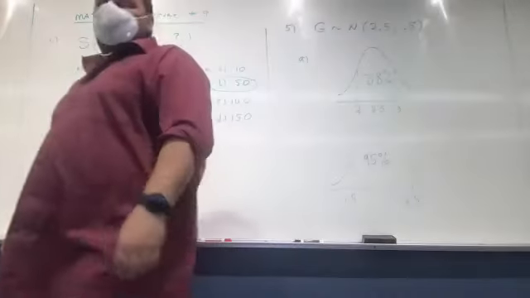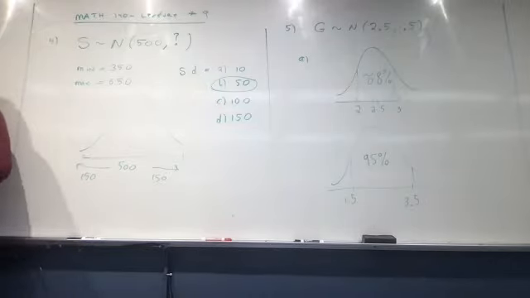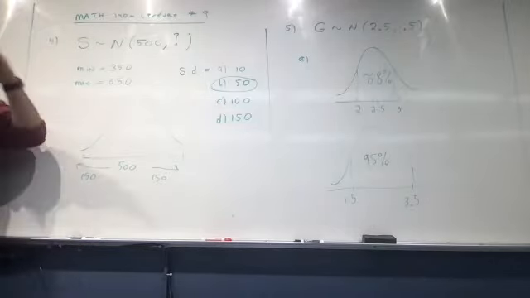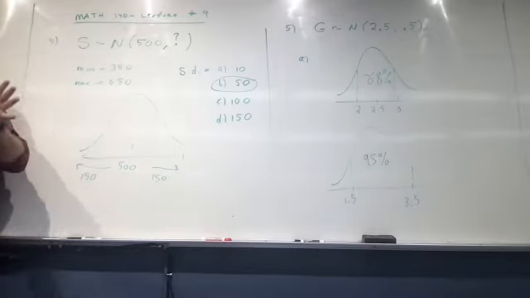What percent of students have a GPA below 2? What percent are straight up below 2? 16%. Everyone take a minute. You don't need a calculator. In fact, you don't even need anything that's not already on the board.